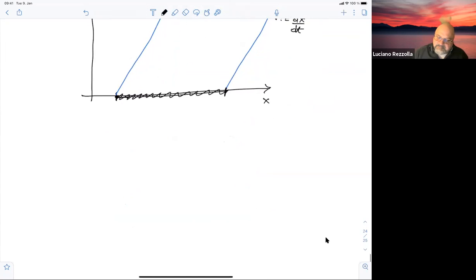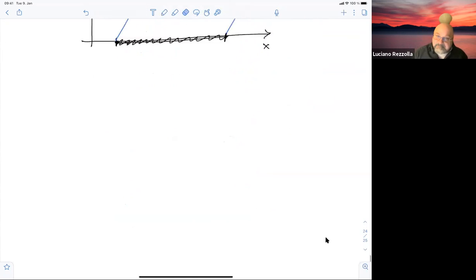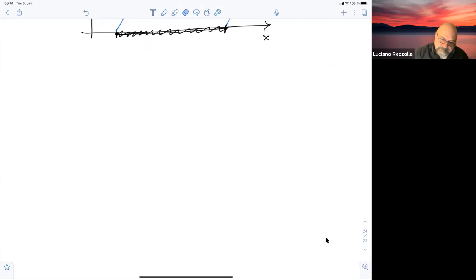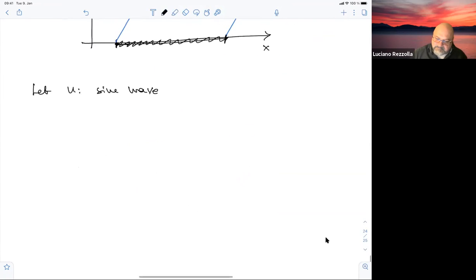Imagine that we take as an example u be just a sine wave. If this is x and this is t, sorry, this is not x, this is u.